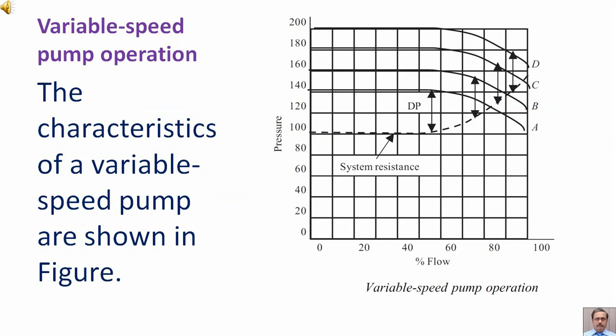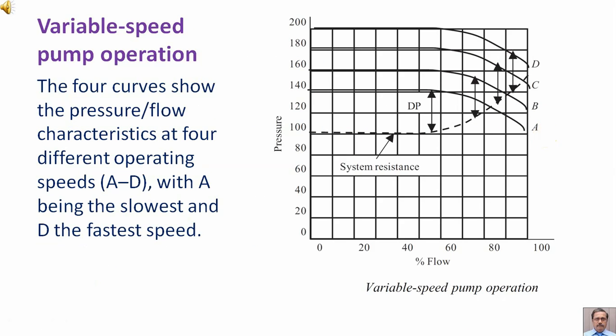Variable speed pump operation. The characteristics of a variable speed pump are shown in figure. The four curves show the pressure versus flow characteristics at four different operating speeds A to D, with A being the slowest and D the fastest speed.